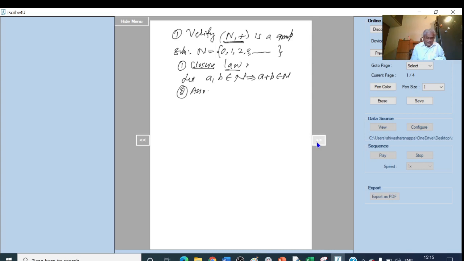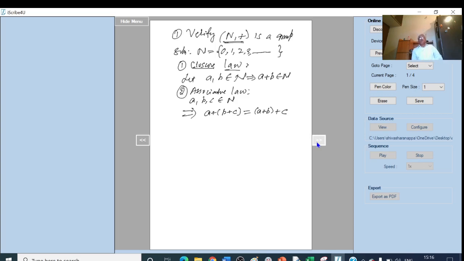It is the associative law. Let me take A, B, C belonging to N. Then I can write (A plus B) plus C is equal to A plus (B plus C). In any manner you can add, we get the same answer. Both are the same here. So this is also true. The second axiom is also satisfied.